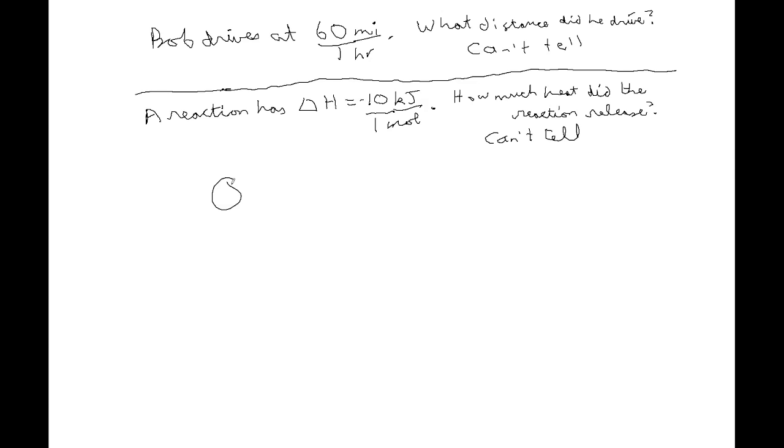So, for example, if we were going to do Q for the calorimeter, Q equals C delta T. For this reaction that has a delta H of negative 10 kilojoules per mole, let's say it's done in a calorimeter, so we need to plug in a number for Q for the calorimeter. What number would we plug in?